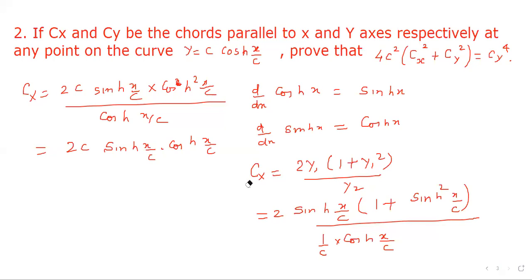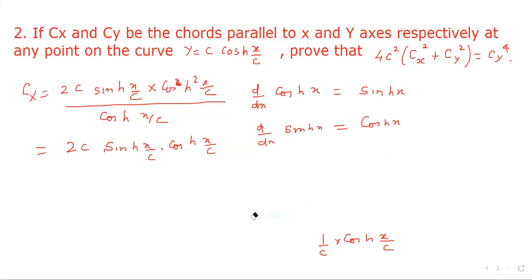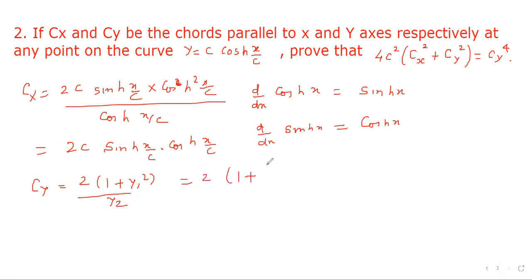So Cy is given by twice of (1 plus y1 square) divided by y2. We have got y1 as sine hyperbolic x upon c, so we write here sine hyperbolic square x upon c.